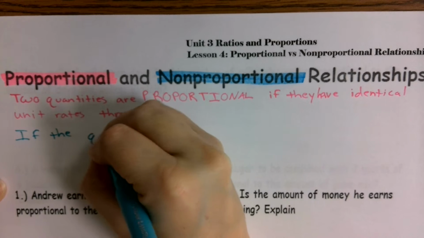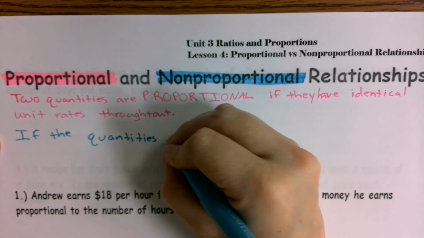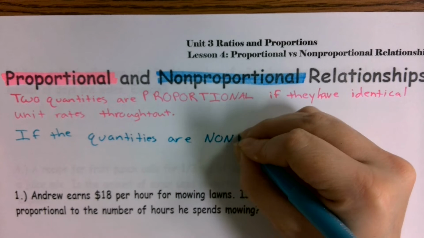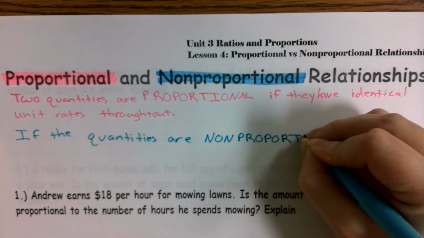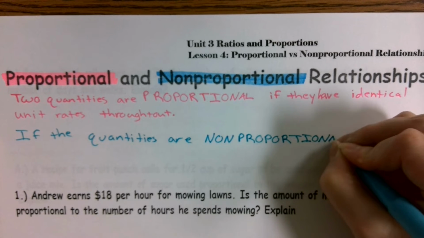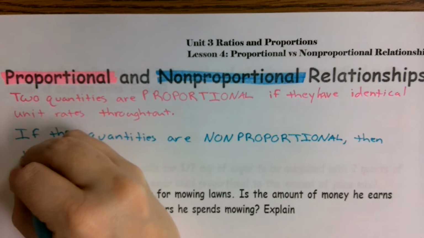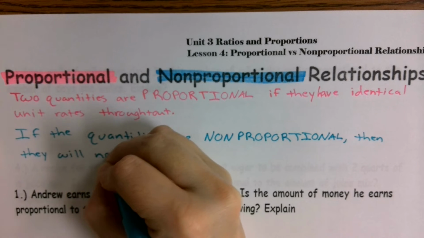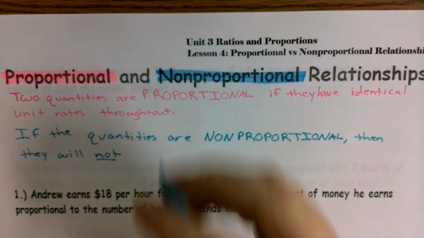Okay, so if the quantities are non-proportional, then they will not have a consistent unit rate.